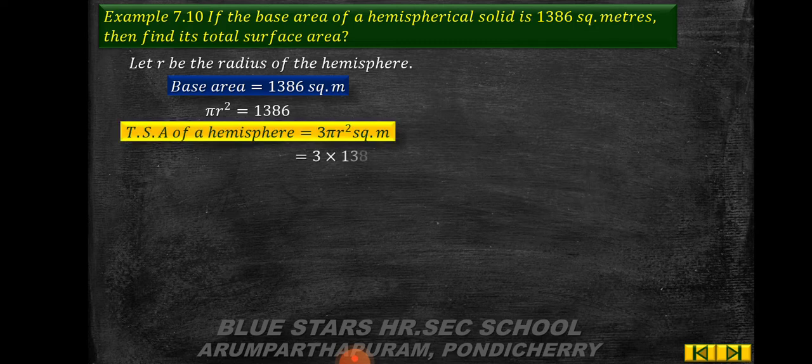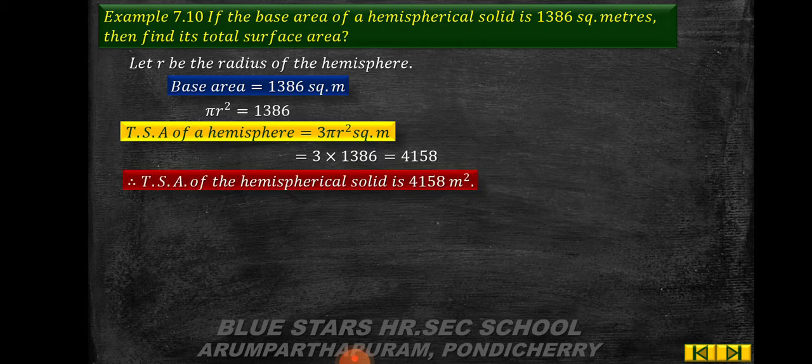TSA of a hemisphere is equal to 3 pi r square meter, which is equal to 3 into 1386, which is equal to 4158. Therefore, TSA of a hemispherical solid is 4158 meter square.